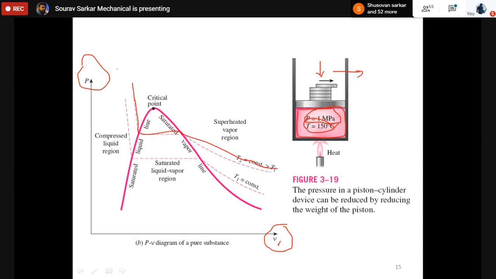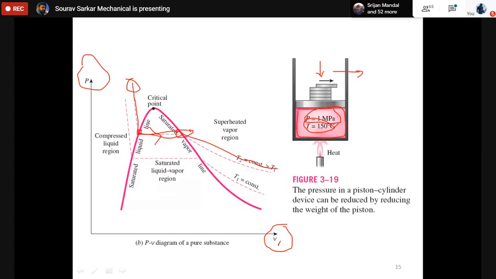So you have some liquid, and you slowly reduce the pressure. If you reduce the pressure, after some time what will happen? It will reach its boiling point, because we know that if we reduce the pressure, it is more about to boil. So after some time, it will boil. Whenever the boiling starts, we know that the pressure will remain constant. After some time, it will become vapor.